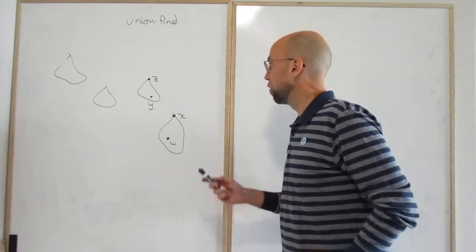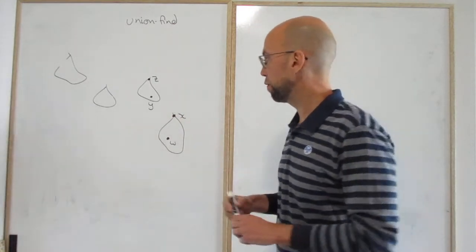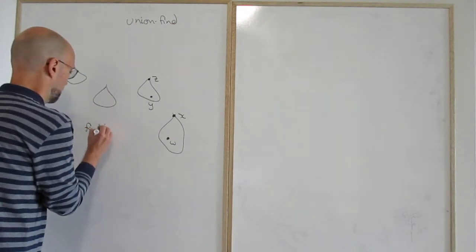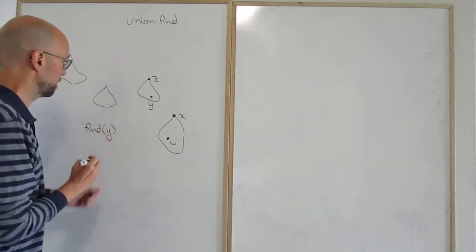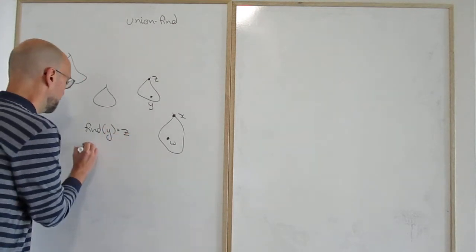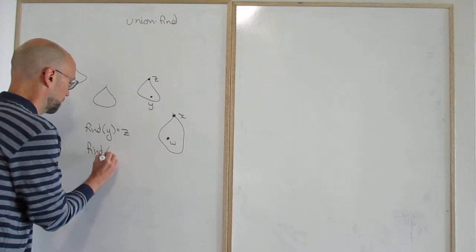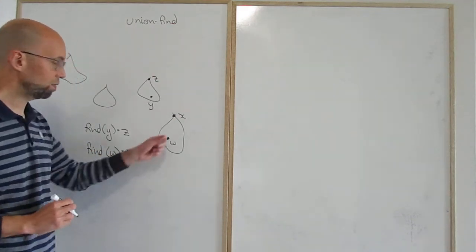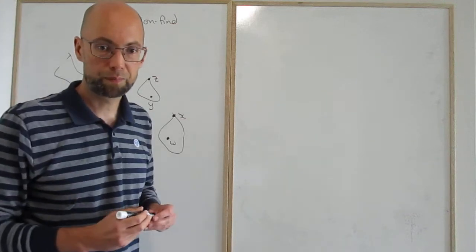Okay, so what's going to happen is if I say find Y, it's going to give me Z. If I say find W, it's going to give me X. Okay, people see how this works?